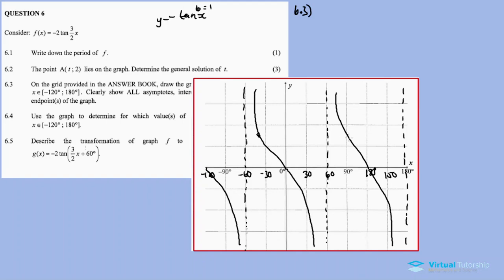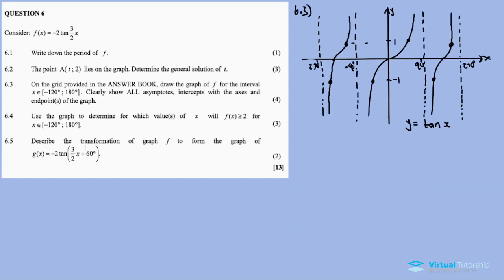And then where will the turning points be? It doesn't have to be that accurate, just as long as we have the shape right. The turning point will be at minus 2 as well as at 2, right? So going back to our parent function, we know that our graph at 0 turns, and it turns again at 180 degrees.